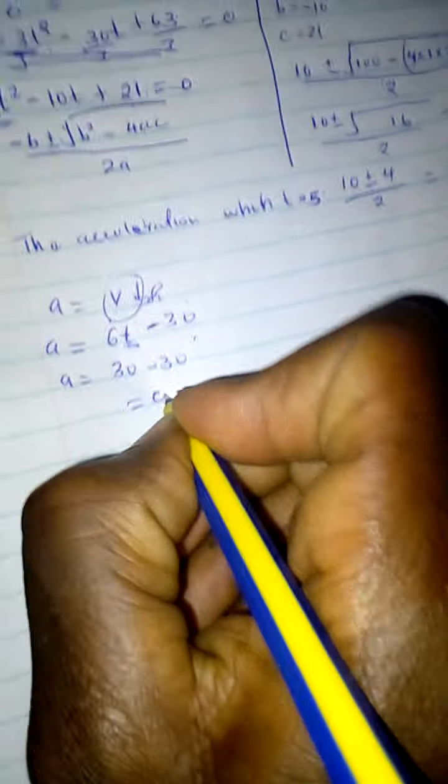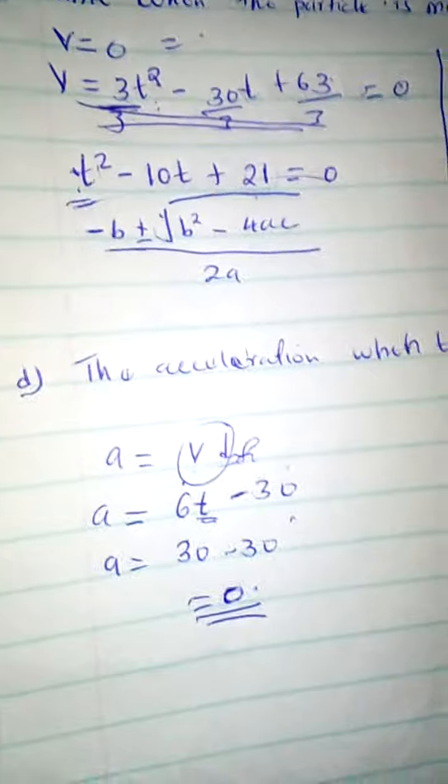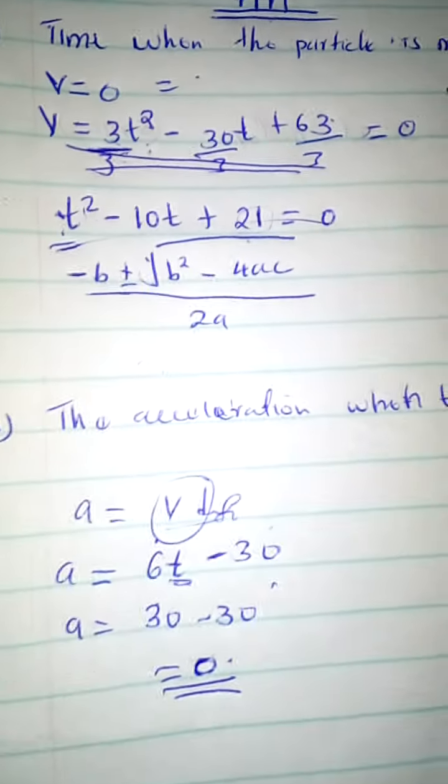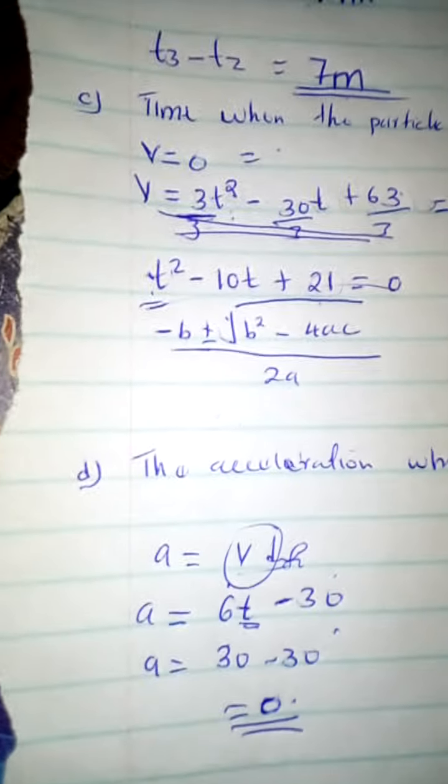The acceleration is 0. That does not mean the body is not moving, but that the body is moving at a constant velocity. When the acceleration is 0, there is no change in velocity.